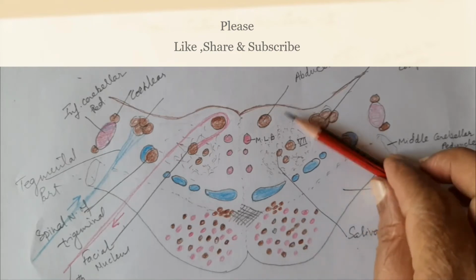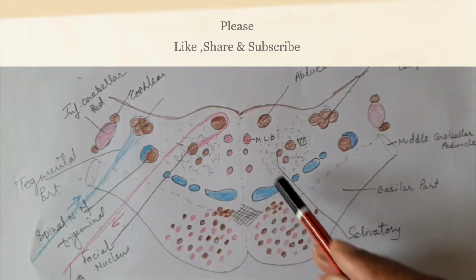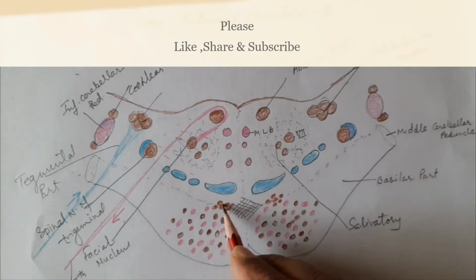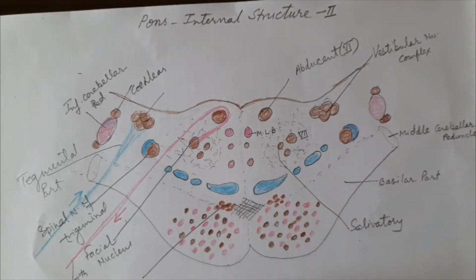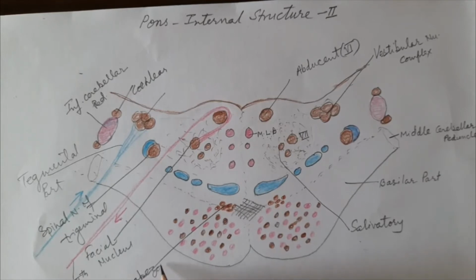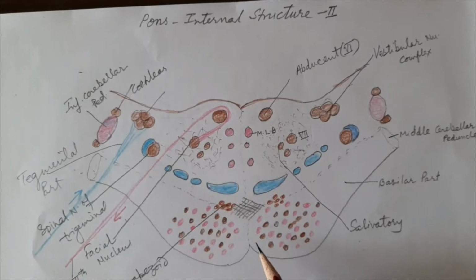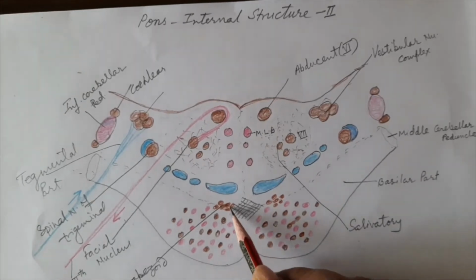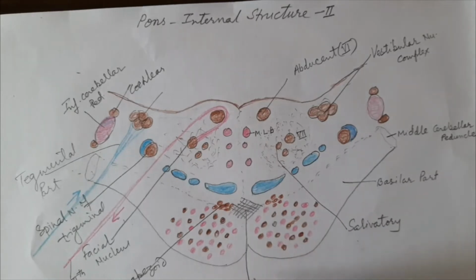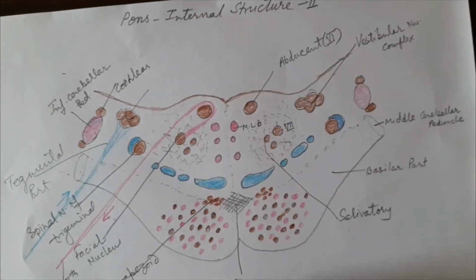Now then, there is a nucleus at the junction of the basilar and the tegmental part, and this is called the nucleus of the trapezoid body. This nucleus of the trapezoid body is just lateral to the trapezoid body, which is nothing but the decussation of fibers in the midline.